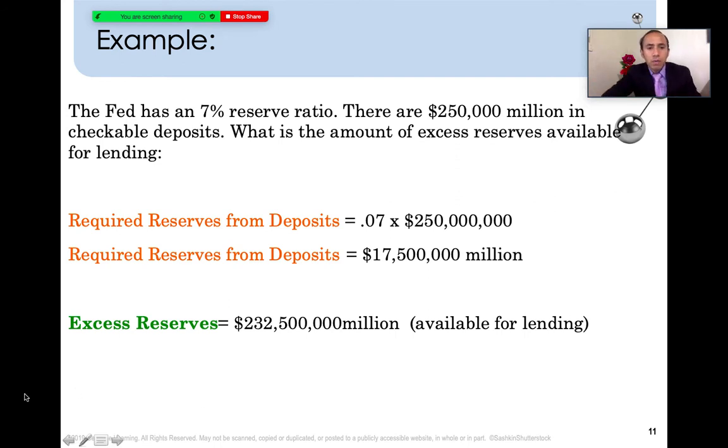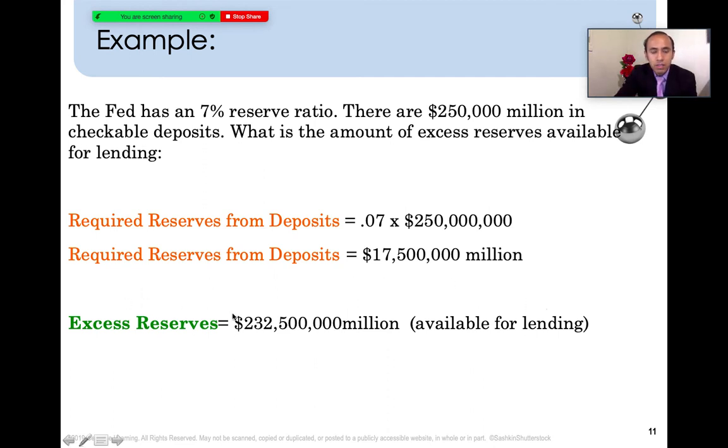Currently we have the required reserve ratio at 7%. So we take 7% out of the $250 million in deposits. From there, we take the required reserve amount that needs to be kept in the bank's vault for any daily withdrawals. This is equivalent to $17.5 million that needs to be kept for withdrawals in case someone comes in and withdraws X amount of dollars.